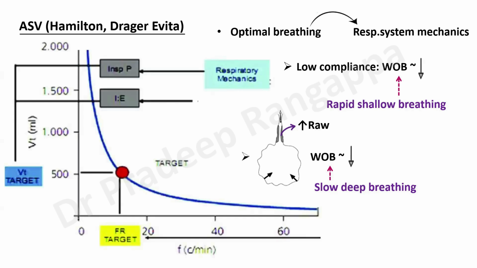So what adaptive support ventilation does is you fix a minute ventilation, and the ventilator plots a graph to titrate tidal volume to achieve the target flow rate that you have set at an optimal level. Basically it plots the graph to optimize the tidal volume to achieve the set minute ventilation at a set flow rate. So this is happening according to the patient's needs.